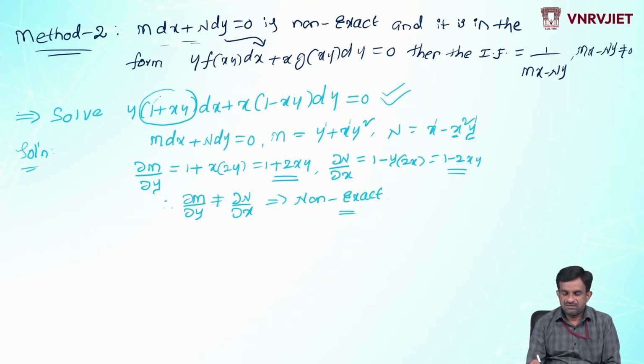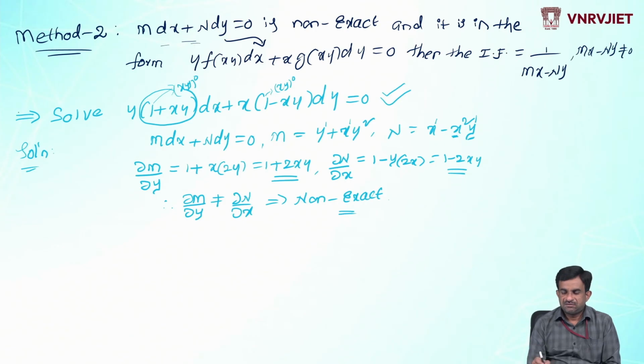Actually you can write this as xy to the power of 0, so therefore this term is also a function of xy only. Here xy to the power of 1 is there. And here also you can write 1 as xy to the power of 0, that becomes 1 only.